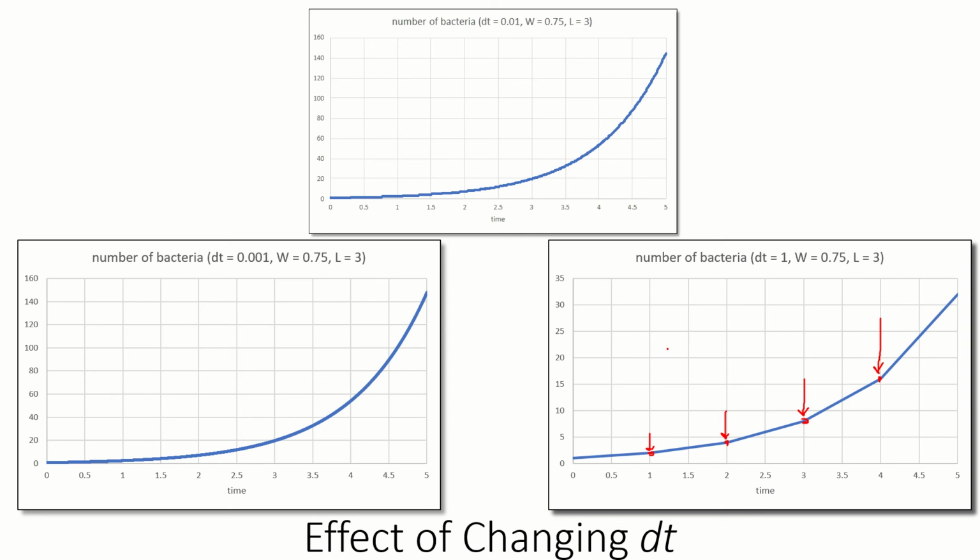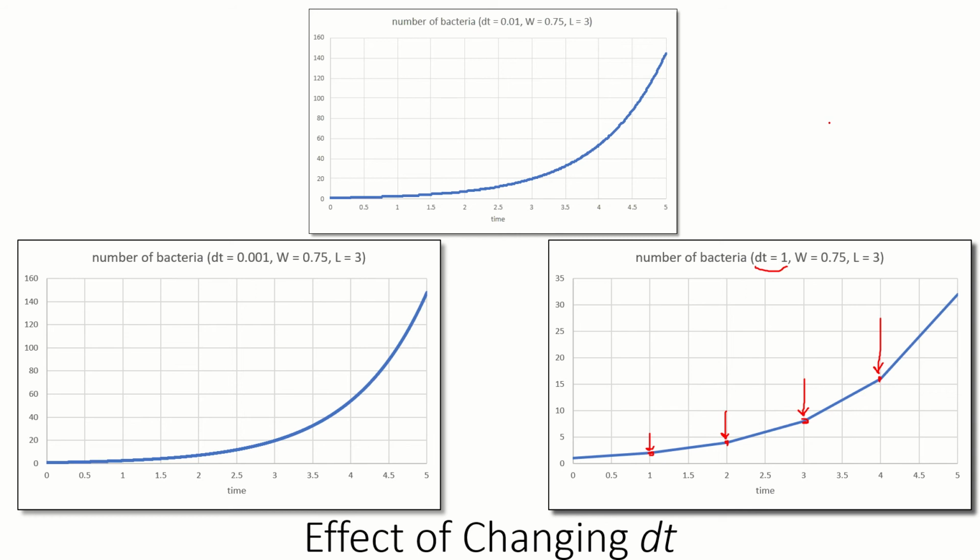In this case, I'm taking a gambit by choosing dt equal 1, assuming that basically nothing happens in 1 second. So I take the number of bacteria at 1 second, calculate how many bacteria will be generated in a second, add that, and jump all the way to 2 seconds. But if I generate a lot of bacteria in 1 second, then they would have reproduced themselves during that interval, and I'm missing out on that.